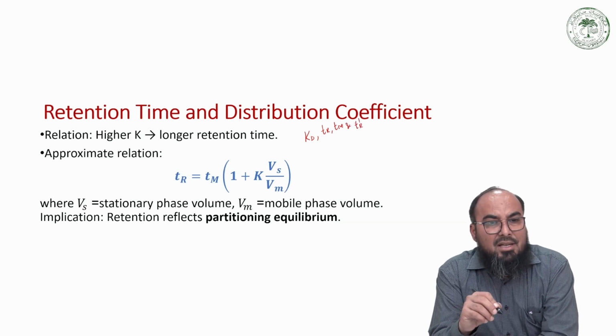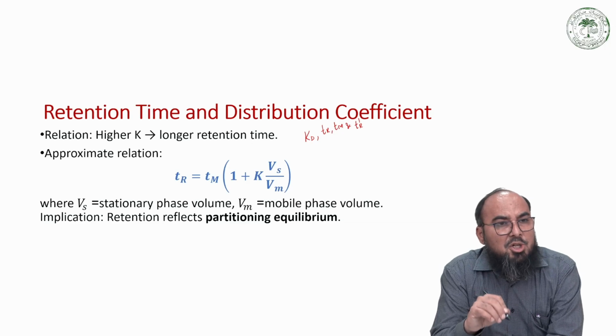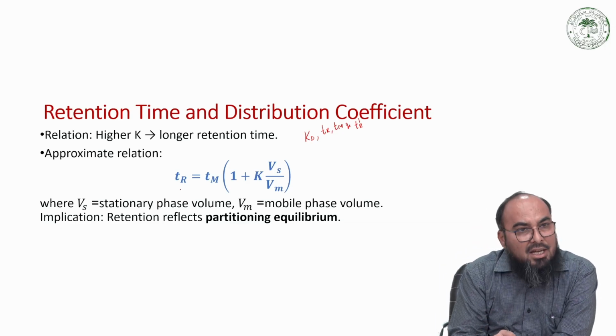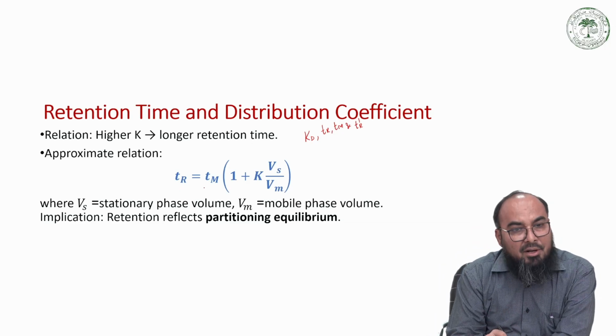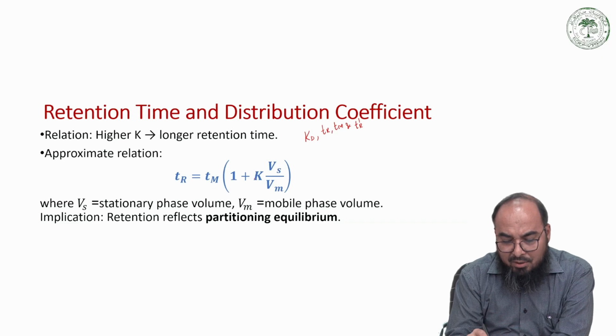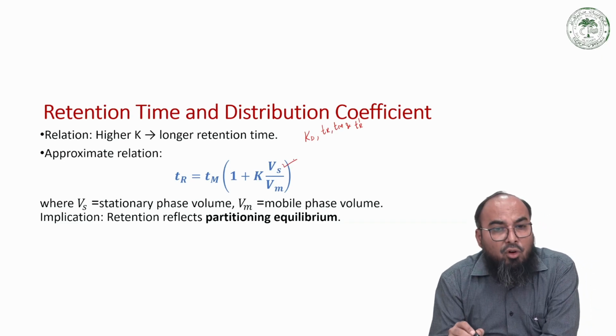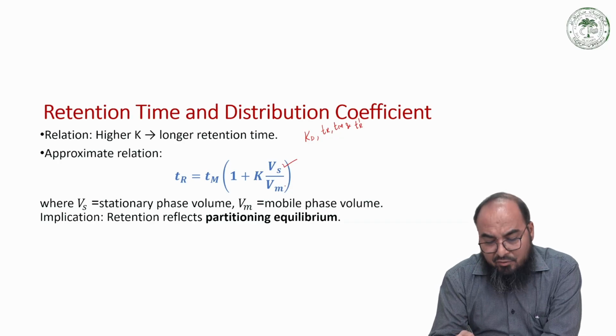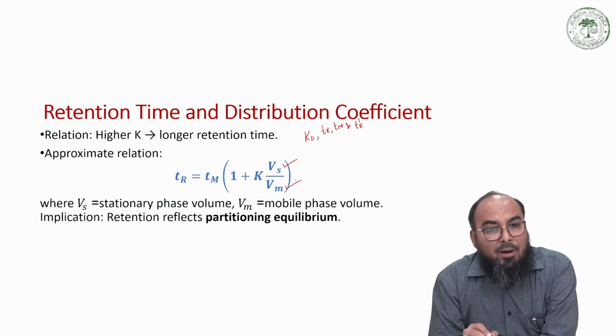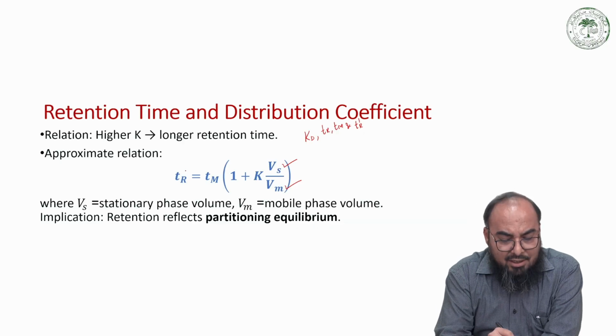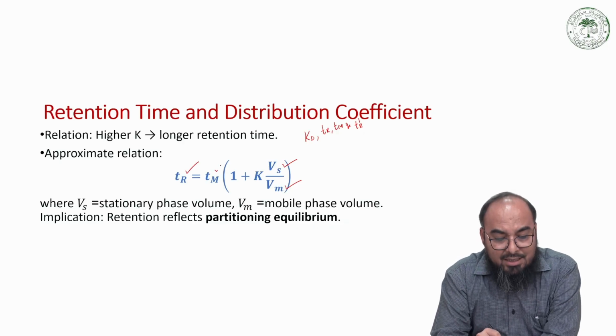On the basis of this, an approximate relation can be drawn: TR, that is the retention time, can be defined as TM into (1 plus K upon Vs upon Vm). Vs is the volume of solute in the stationary phase. Vm is the volume in the mobile phase. Now TR is the retention time and TM is the dead time.